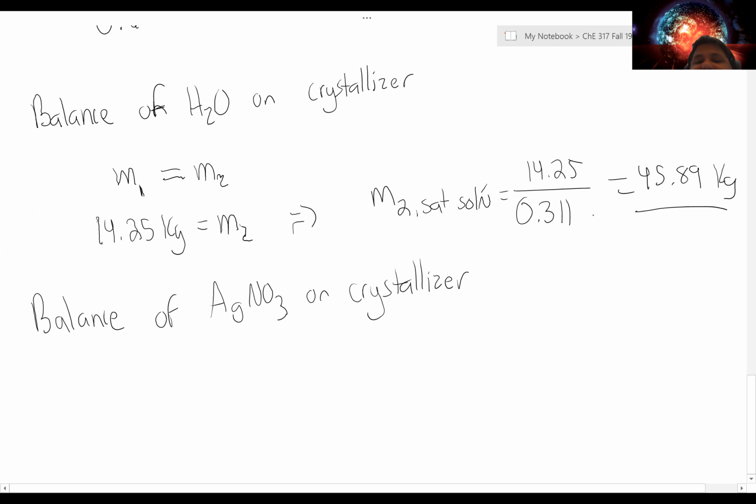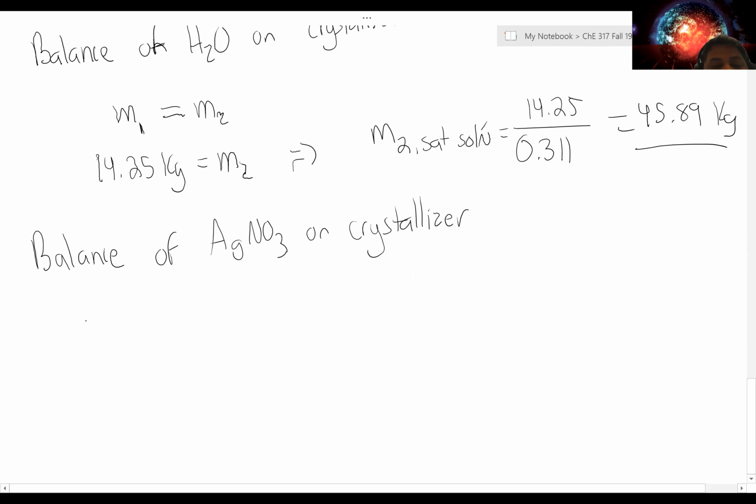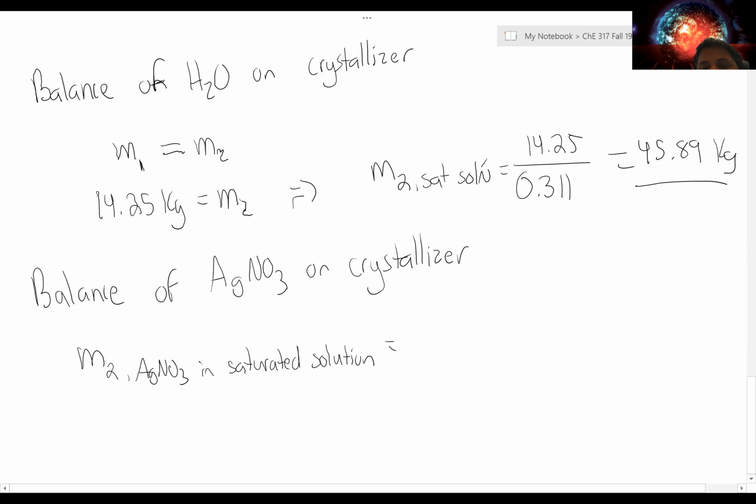And say, well, if the total mass of the saturated solution is 45.89 kilograms, then the mass of silver nitrate in the saturated solution should be that 45.89 kilograms times 0.689, or 31.62.